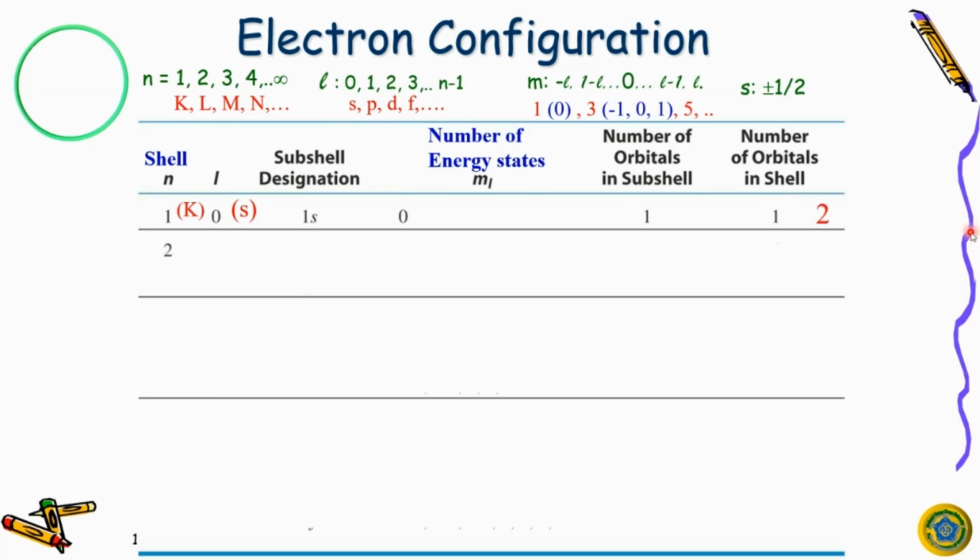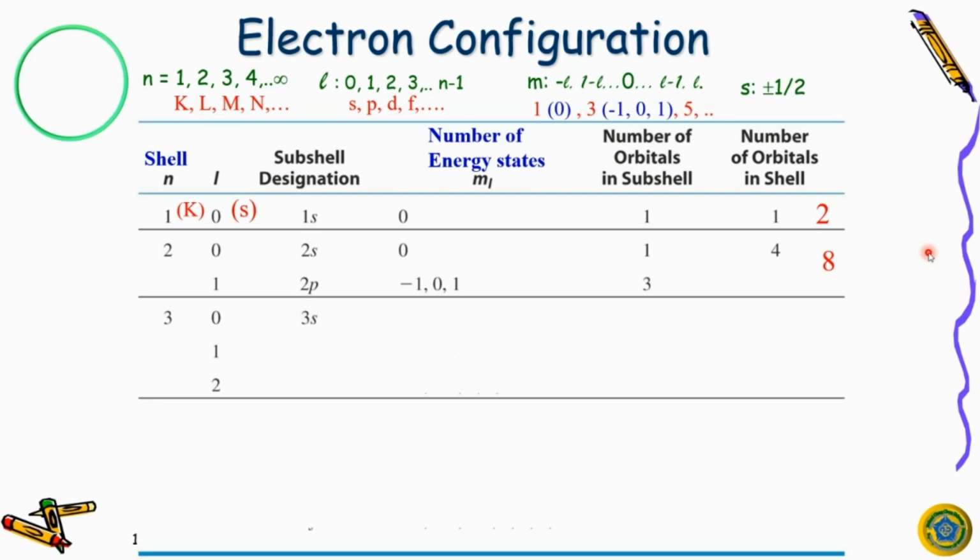And the shell number 2, which we call the L shell, has 2 values of l, 0 and 1, so 2s and 2p, right? 2p has m equal to -1, 0, 1, and here will be 3. So in total you have 4 energy states and 8 electrons, because one energy state has 2 electrons, spin up and spin down.